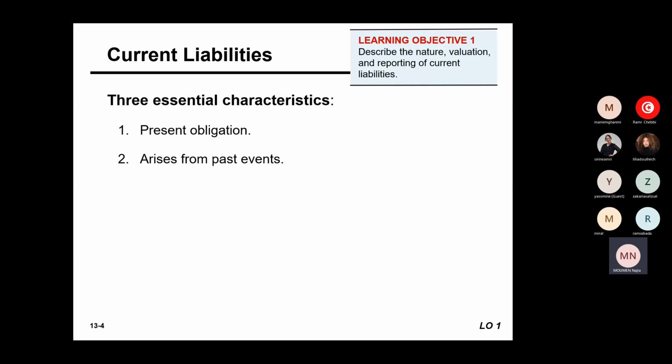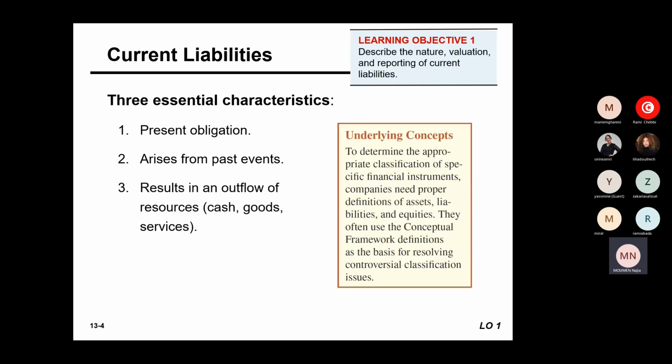It is a present obligation arising from past events, and the settlement of this obligation will result in an outflow of resources embedding economic benefits, in the form, for example, of a decrease of cash, or a decrease of any type of assets.